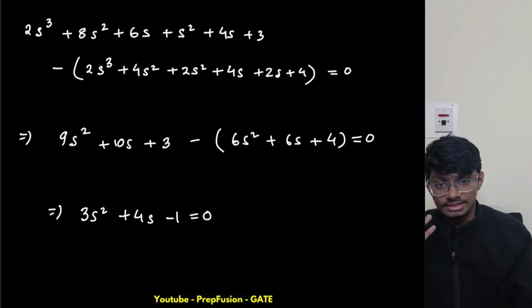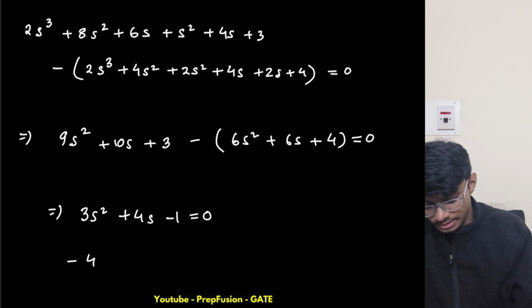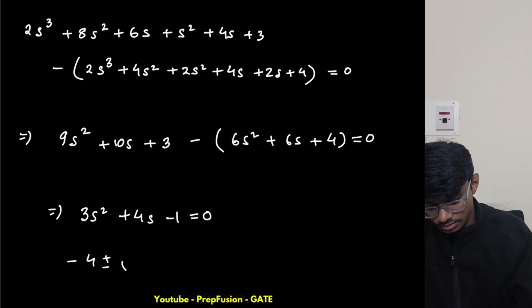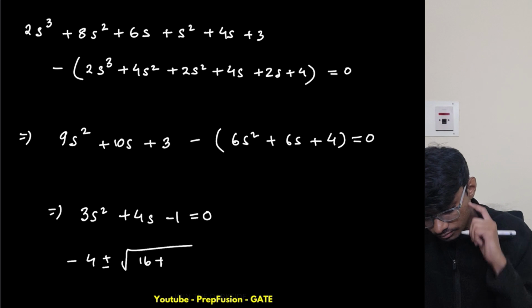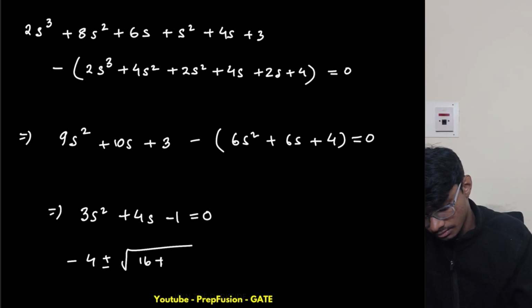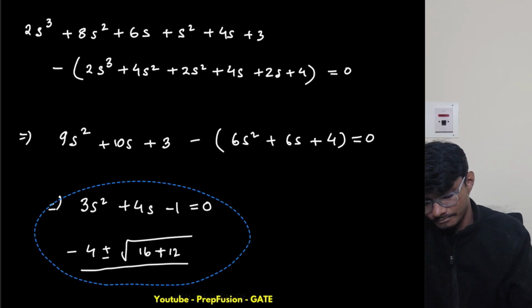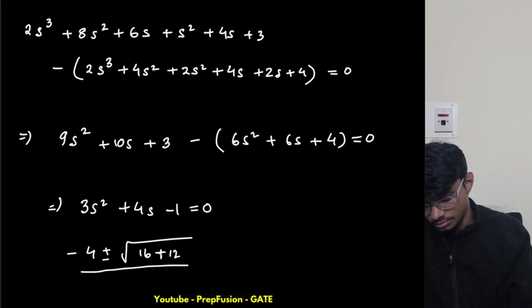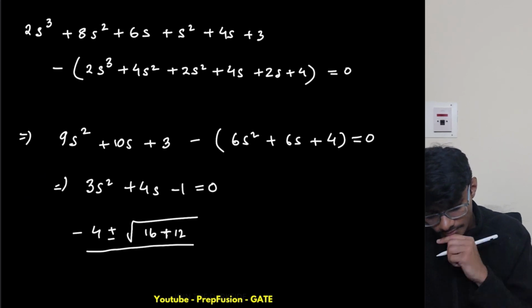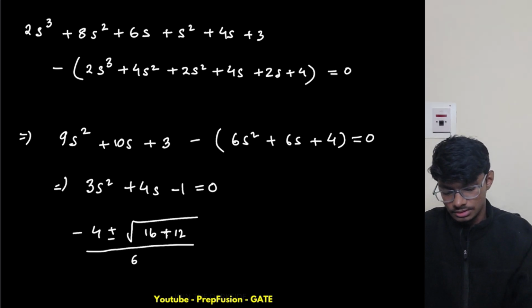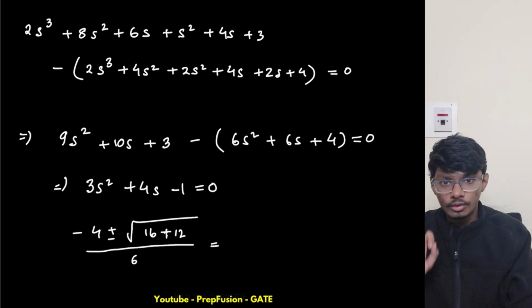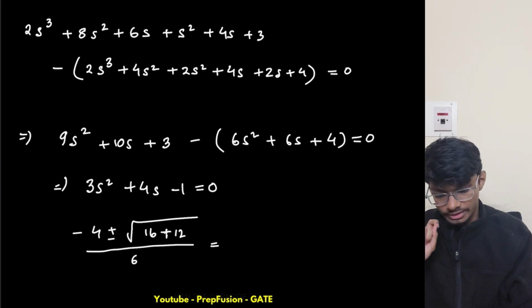So again use the Sridharacharya formula. We can see minus 4 plus minus root of b square, 16, minus 4ac. This will be plus because I'm adding 4ac, right? So b square minus 4ac is just 12, okay? This is divided by 6. So this is under root 28. What is under root 28?